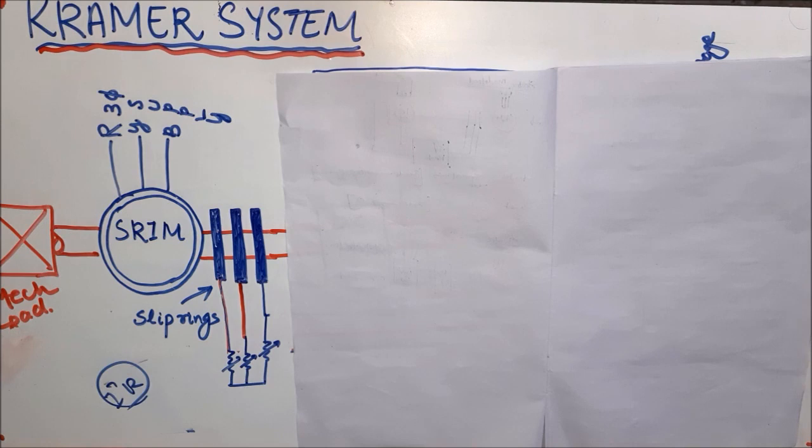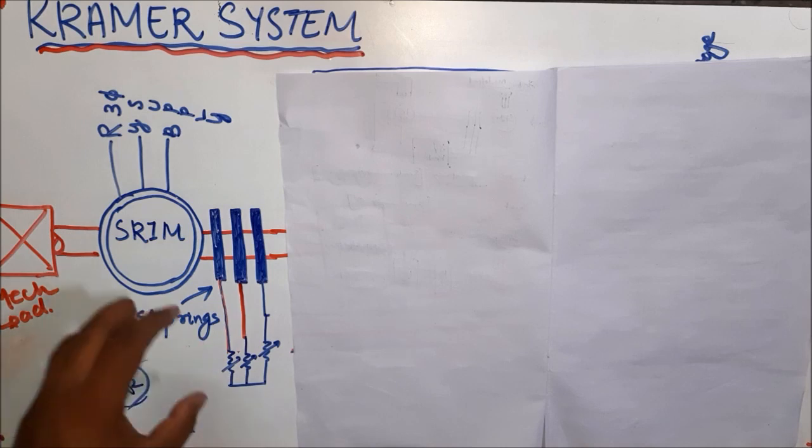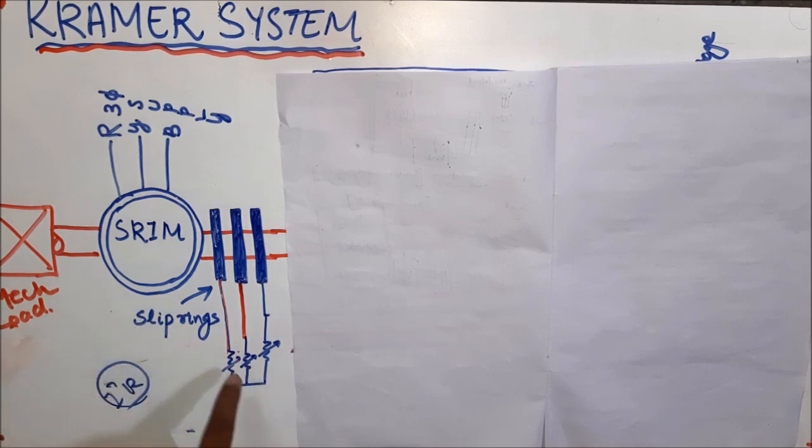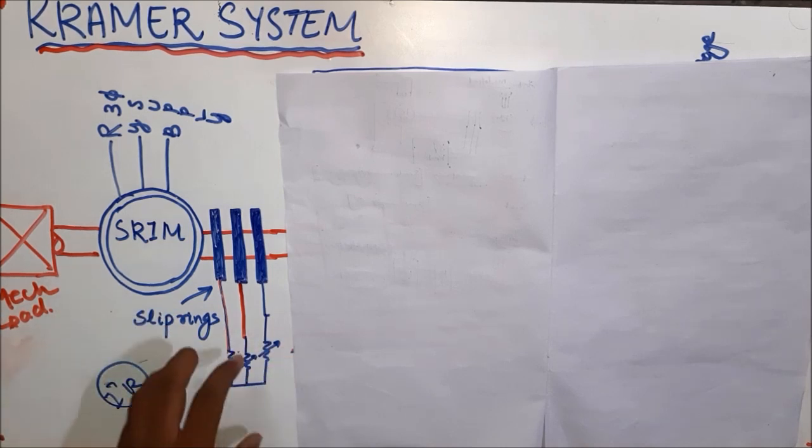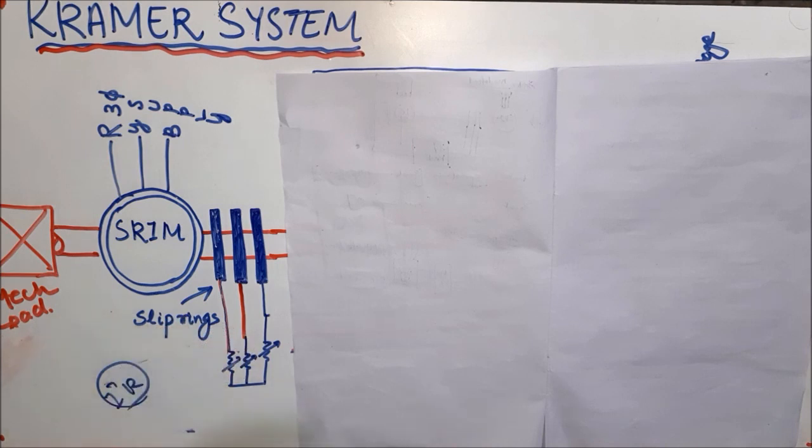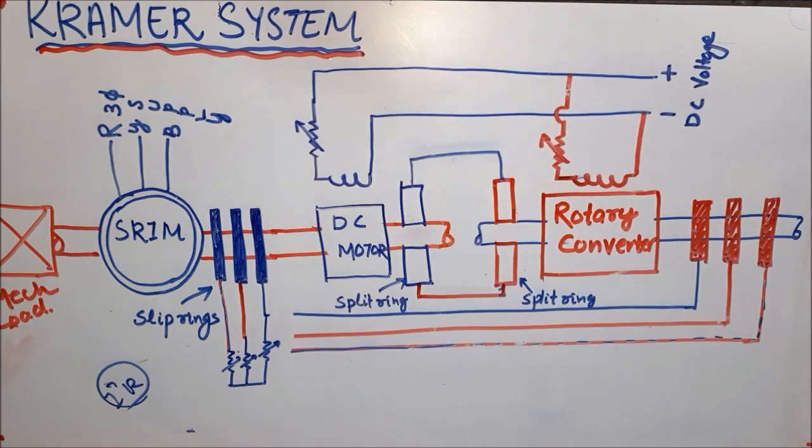And the slip power recovery system means we do not allow those losses to occur, and we bring that power from the slip ring, and instead of making any loss in the resistor, we feed this power to rotate another motor or another required device. So this is nothing but the complete system of your Kramer system.